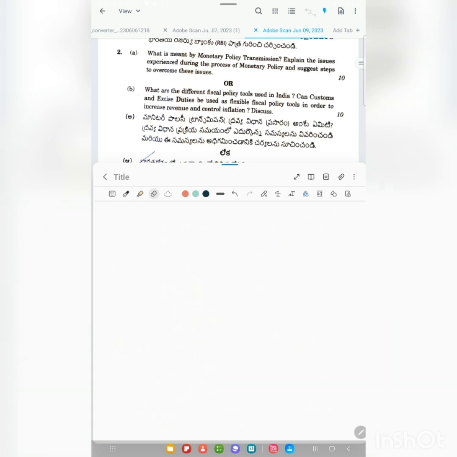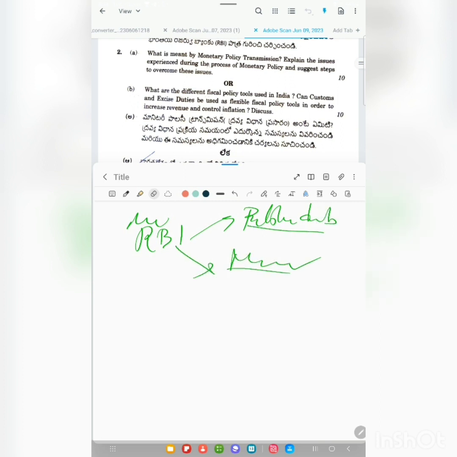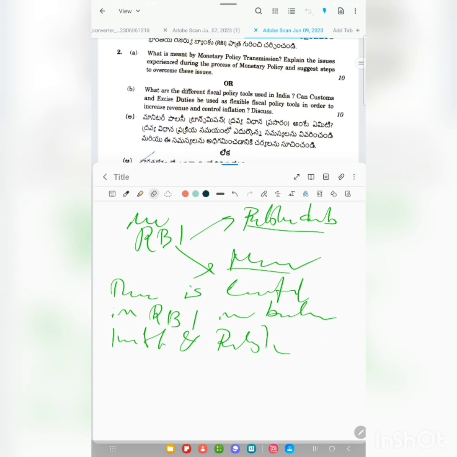And also another major issue with monetary policy is that the Reserve Bank performs dual functions, public debt management and monetary policy. So sometimes there is a conflict of interest in RBI in balancing both inflation and public debt.